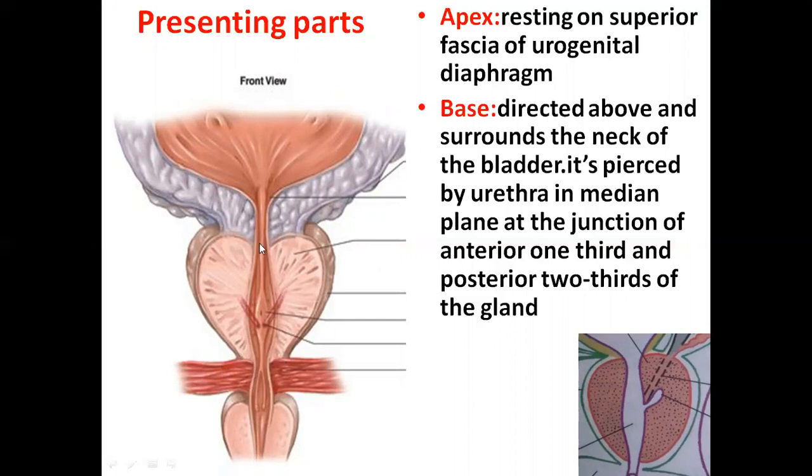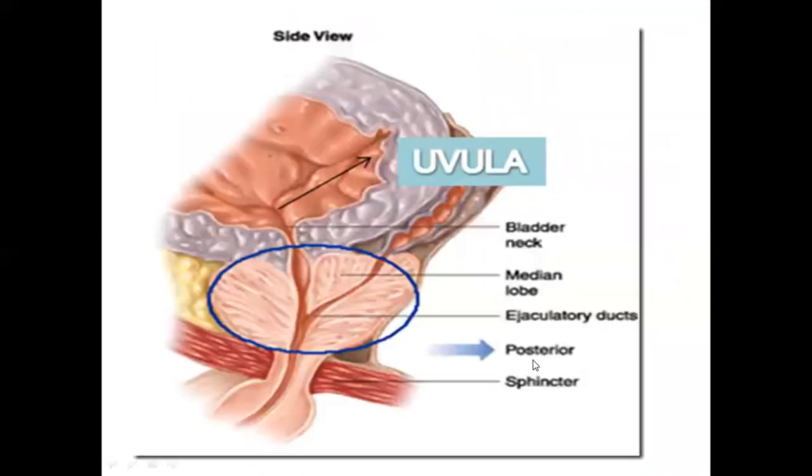The base is directed above and it is surrounding the neck of the bladder. It is pierced by the urethra in the median plane at the junction of anterior 1/3 and posterior 2/3. That means the prostate gland is not cut equally into two halves because of the piercing of the urethra. Instead, anteriorly you are finding 1/3 and posteriorly 2/3 of the gland, and in between we have the prostatic urethra.